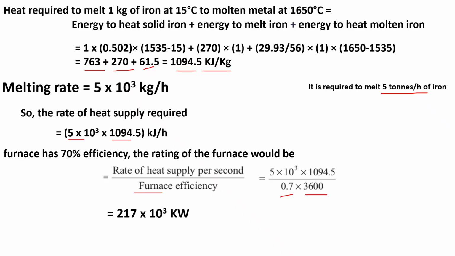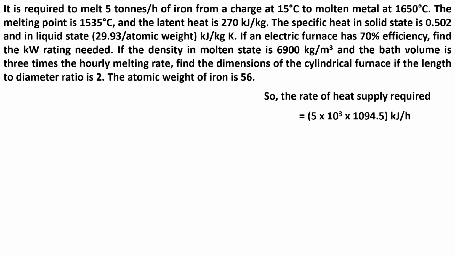So the rating of the furnace is 5000 into 1094.5 divided by 0.7 into 3600. Its value is 217 into 10 to the power 3 kilowatts.